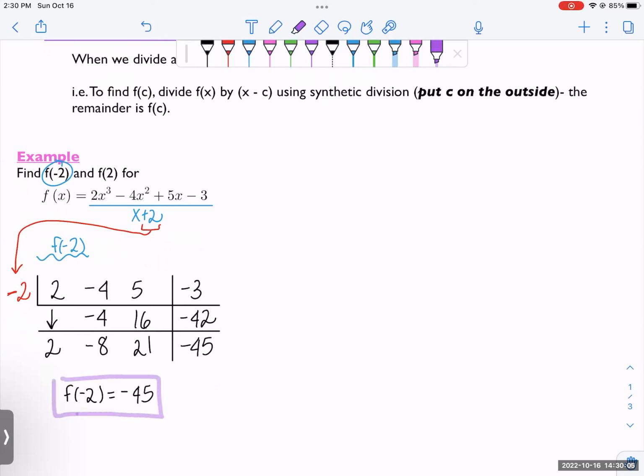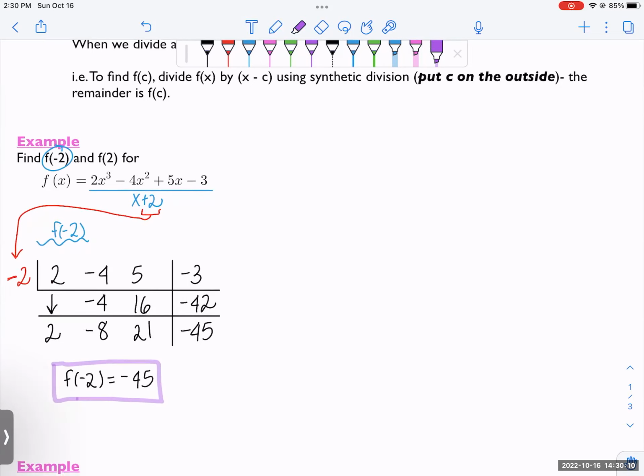And if you're feeling like, Professor Cook, that math doesn't seem to check out, you can plug -2 into this function and see that indeed it does. You can do 2 times -2 cubed, minus 4 times -2 squared, plus 5 times -2 minus 3.